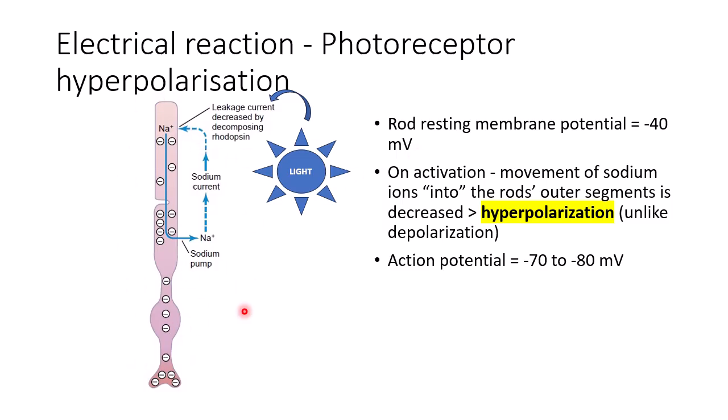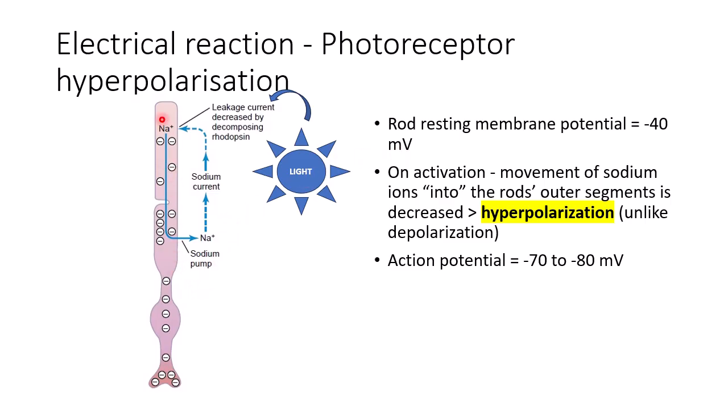For example, this is a rod. Now, there is constant leakage of sodium ions from the rod into the extracellular space. There is a constant leakage of the sodium currents. It is because of this leakage of the sodium currents that the resting membrane potential is around minus 40 millivolts.